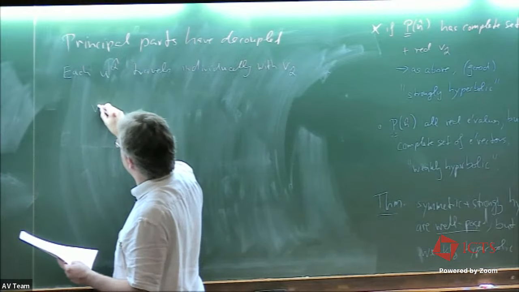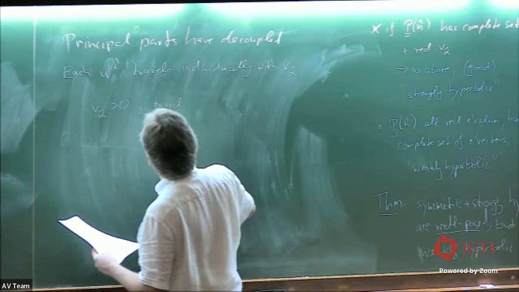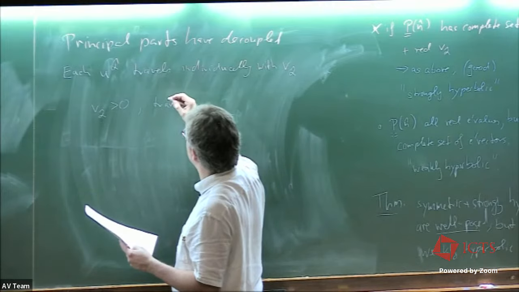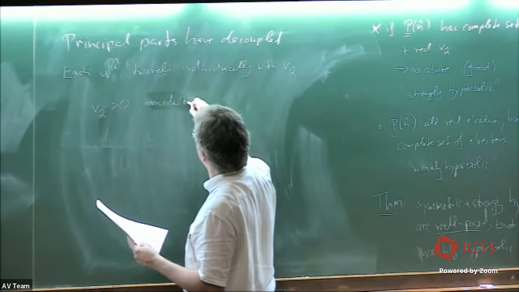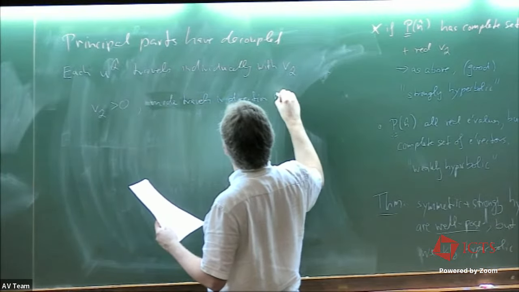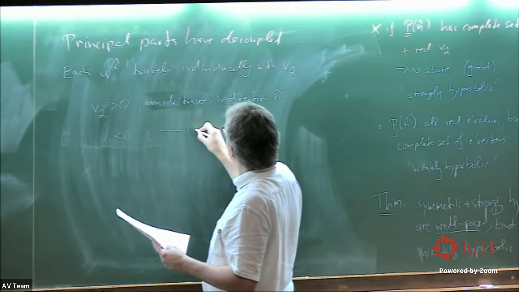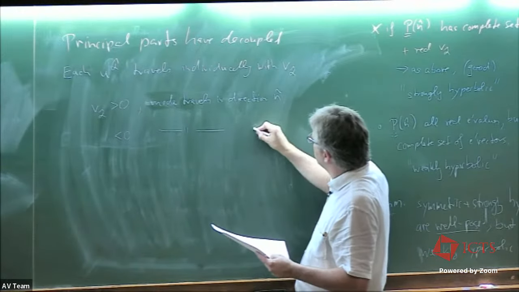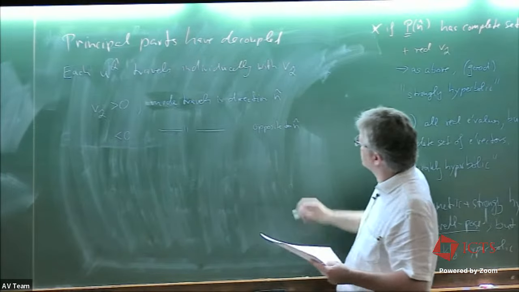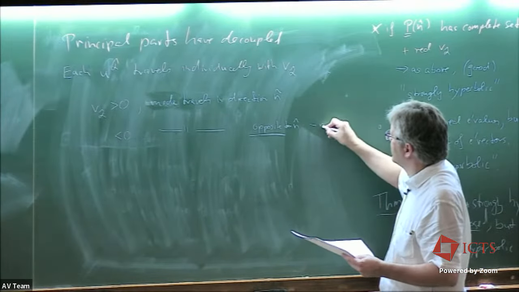And if v alpha is positive, the travel is in the direction of n hat. And if the velocity is less than 0, then the mode still travels, but in the direction opposite to n hat. Well, that's just minus n hat, of course.